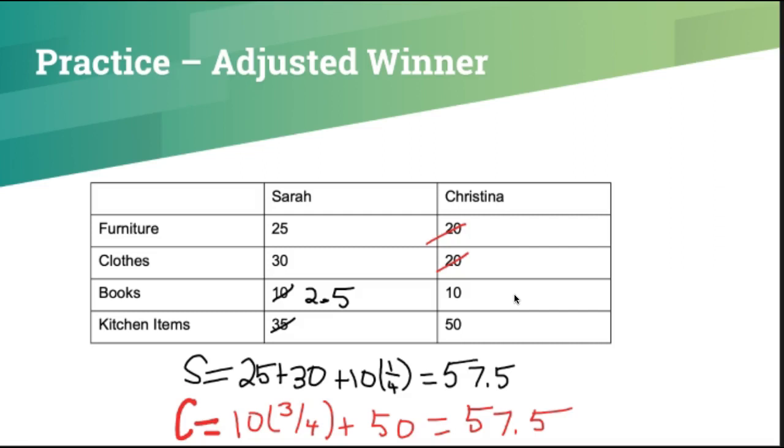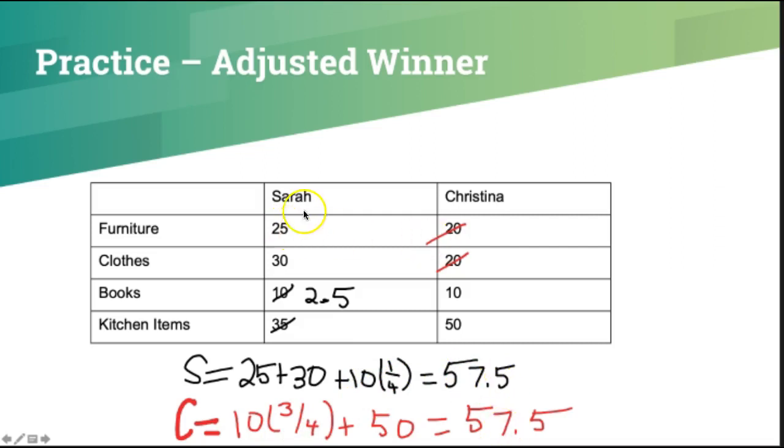Christina's going to get 7.5 of the books. That's her value of the books. They are equal. You could probably do this in your head too, just so long as you get that they both equal the same amount.